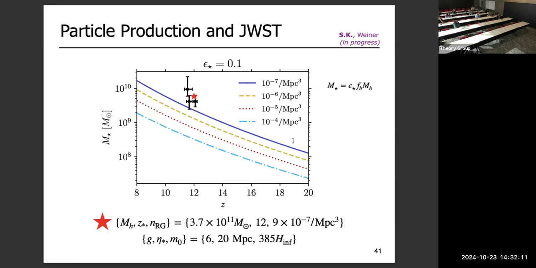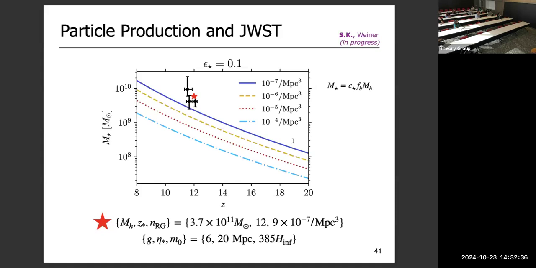If you take these kind of numbers, you'd predict that at redshift of 12, a certain halo mass, and this would be the number density. And if you compare this number density with the contour here, you would conclude that this is really 10 or more times the number of halos compared to lambda CDM.